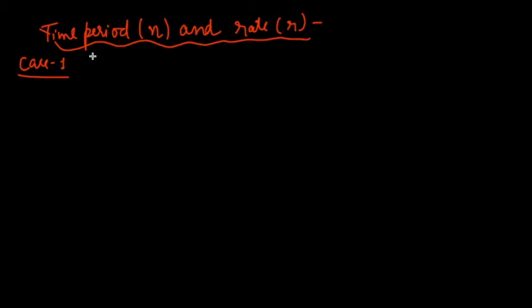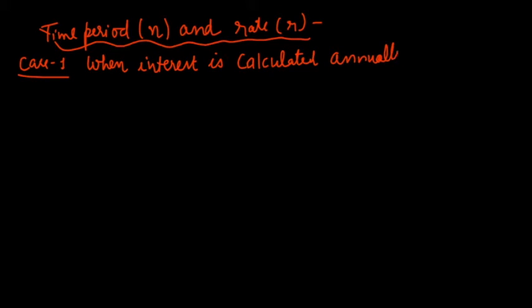What will be your case 1? When interest is calculated annually. Okay. So first case, annually means after every 1 year you are paying the interest. So the formula remains the same in this case. We have just done amount is equal to principal into 1 plus r upon 100 raised to the power n.